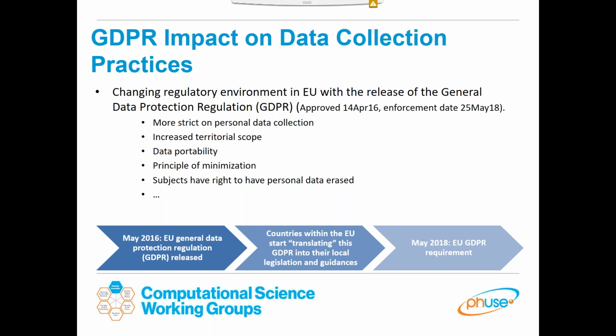It speaks about data portability, the principle of minimization. So you really are only allowed to collect information that you need scientifically. You should be able to prove that you need every data field that you are collecting about a subject's health.